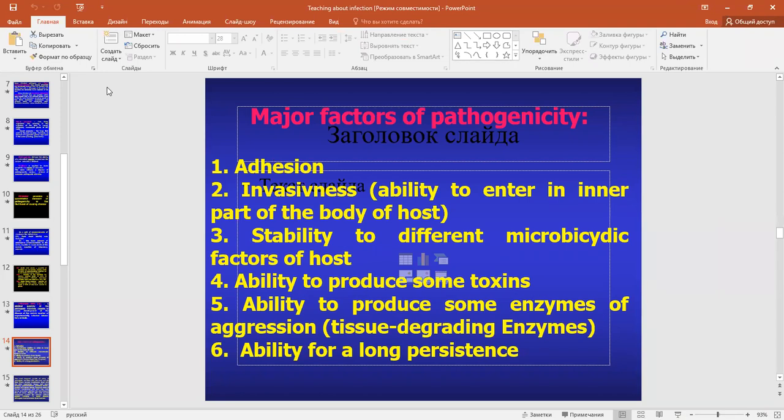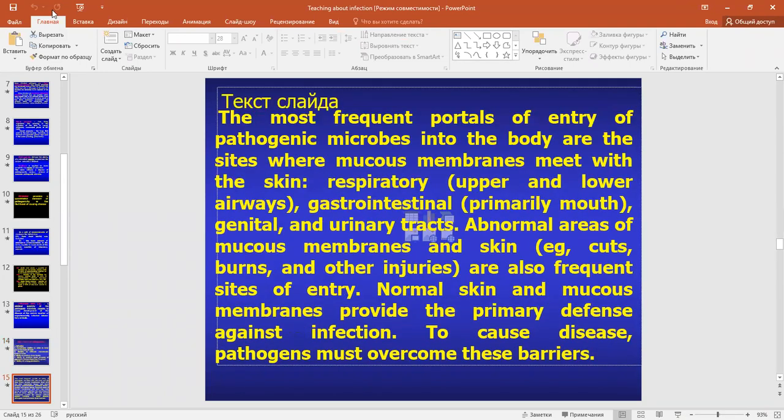Now we will talk about the most frequent portals of entry. The portals of entry of pathogenic microbes into the body are the sites where mucous membranes meet with the skin: respiratory, upper and lower airways, gastrointestinal, primarily the mouth, genital and urinary tracts.